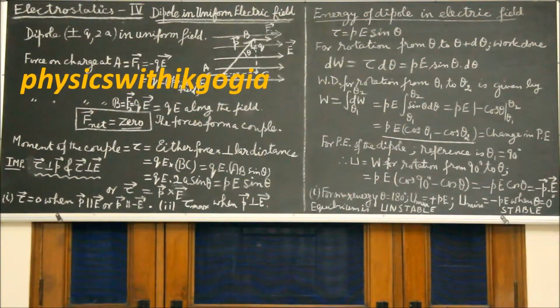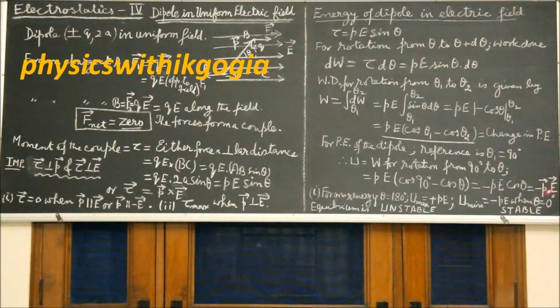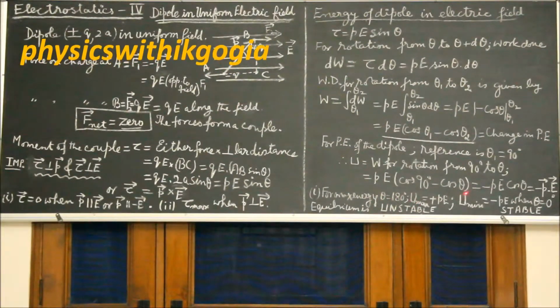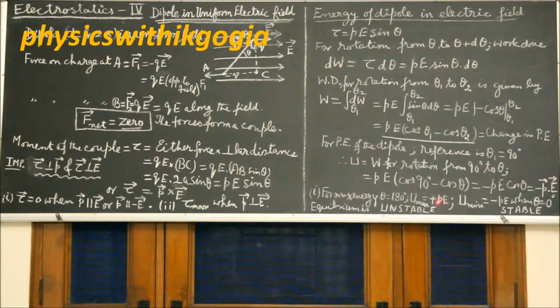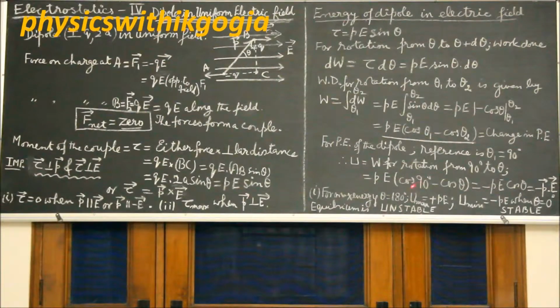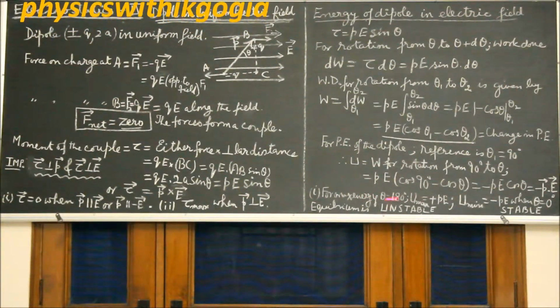Now there are some special cases. If you take theta equal to 180 degrees, cos 180 will be minus 1 and the potential energy will be maximum. Now we know that in this case the force on the dipole is 0 and the torque is also 0, therefore it is in equilibrium.